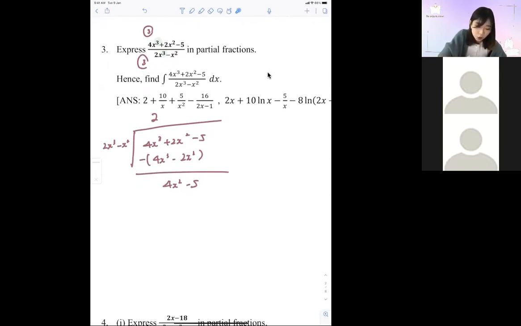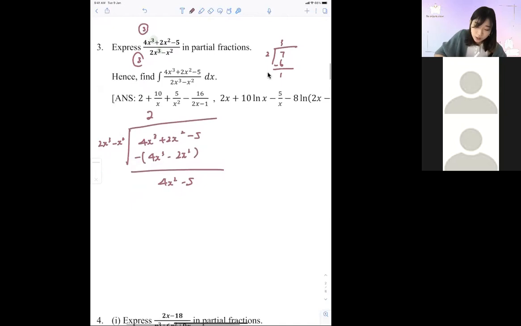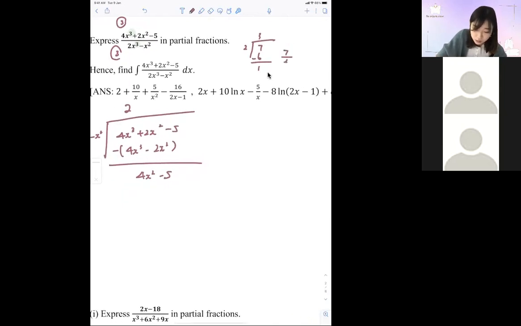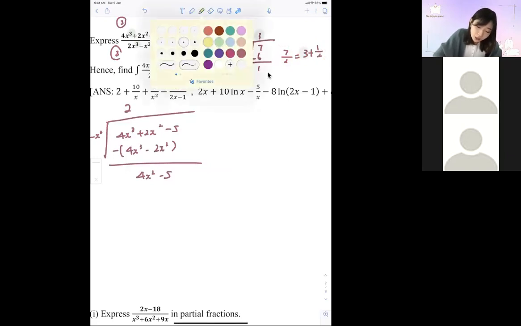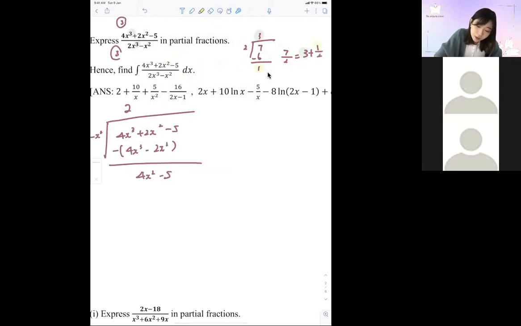Just like 7 divided by 2, can I say that 7 over 2 is 3 plus 1 over 2? Same thing, right? How I get this part is, a fraction is always quotient plus remainder over divider. So I do the same thing.